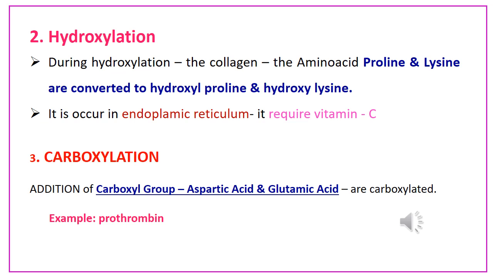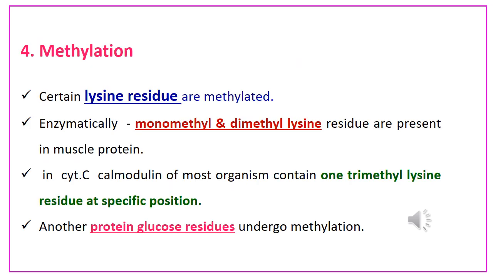Carboxylation means the addition of a carboxyl group, especially aspartic acid and glutamic acid are carboxylated. The major example for carboxylation is prothrombin.